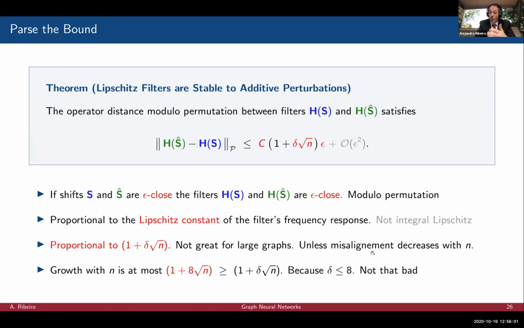Unless you know that one way or another, your misalignment decreases with n, which is true in some statistical models of graphs. But anyways, if you don't have that, the growth with n can be at most 1 plus 8 square root of n, because delta cannot be more than 8, and you know that's not good, but it's not that bad either.